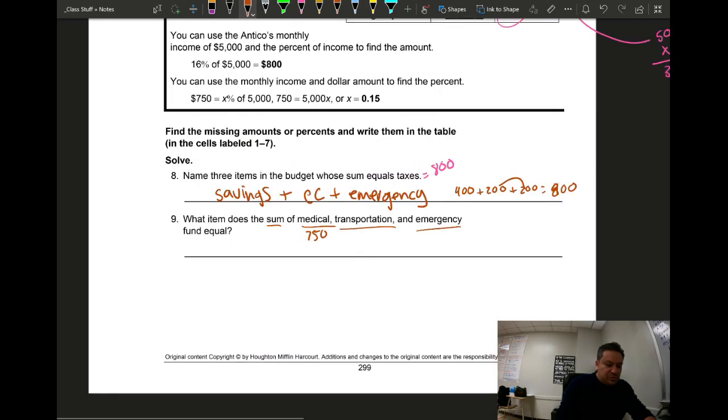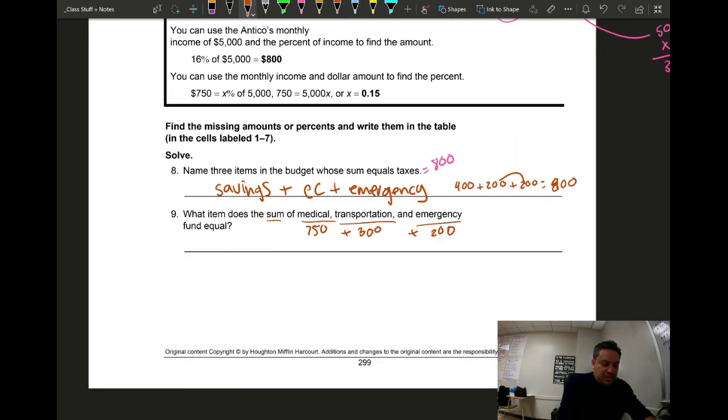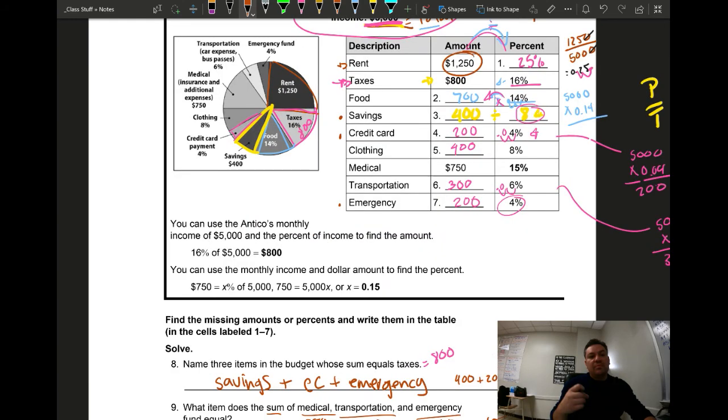And emergency, 200. When I add those 3, it says that it's going to be the same amount as another one. So in this case, it's going to be 500 between those 2, and 750 is going to equal 1250. Now I go back to the table, and which item is the same as that amount? The rent. So the answer for this one will be rent.